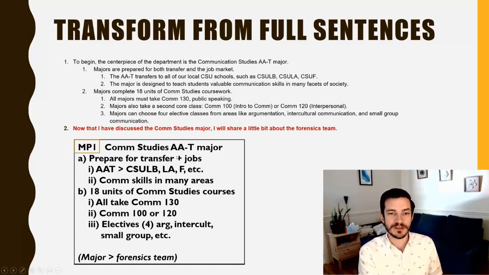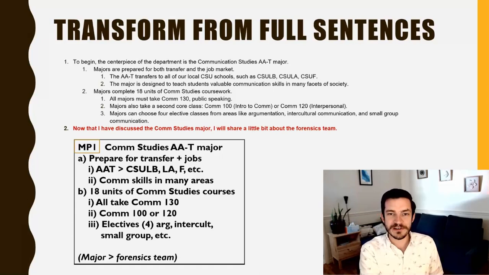I use the plus symbol as a way of indicating the relationship between transferring jobs. I plan to talk about both. Instead of writing out all the acronyms for all the CSU schools, I just use LA and F because I know that those refer to Cal State LA and Cal State Fullerton, so on and so forth.